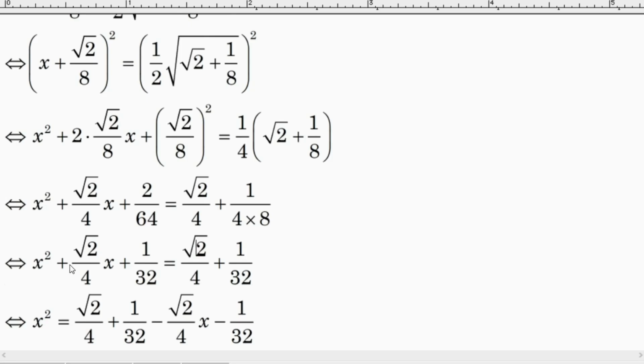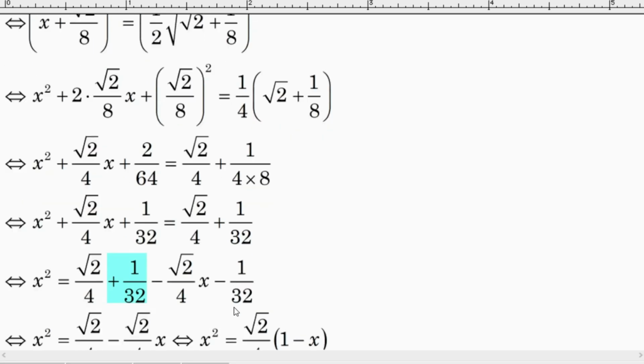When we move this part to the right hand side, the plus changes to minus. Okay, plus to minus. So then as we can see, we have plus 1 divided by 32 and minus 1 divided by 32, so that will be cancelled out.